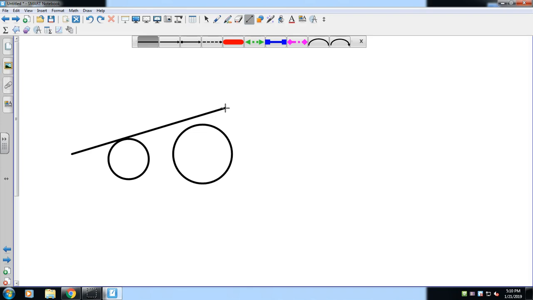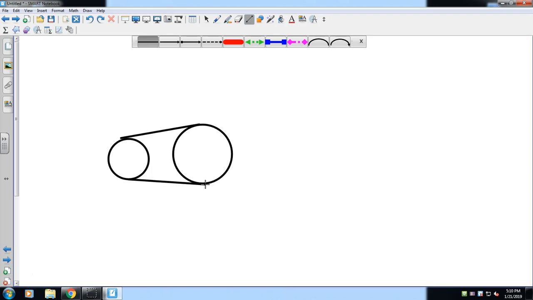If I were to draw a line like that, and a line like that, these are what's called common tangents. Each one of the circles shares it, and it hits one time.